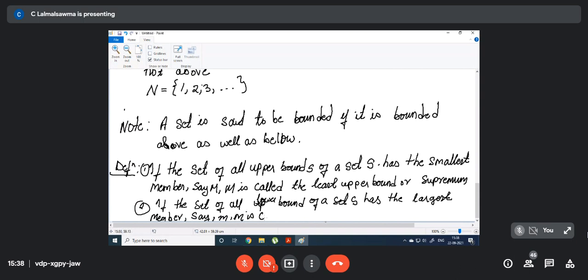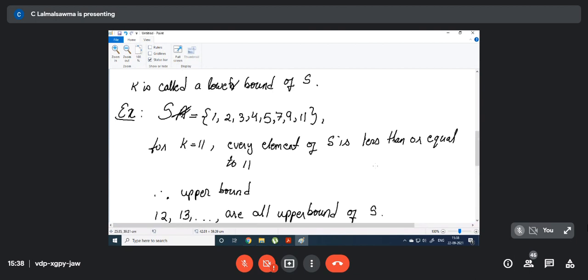Small m is called the greatest lower bound or infimum. So I will read again the first definition. If all upper bounds of the set S have a smallest member, then it is called the least upper bound.